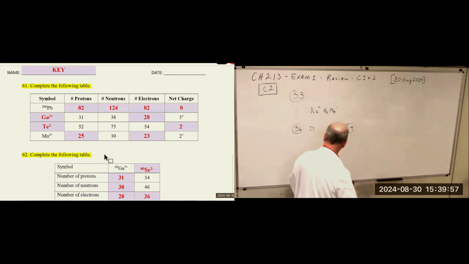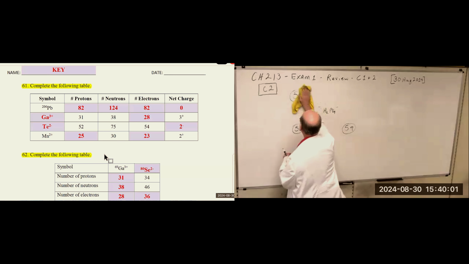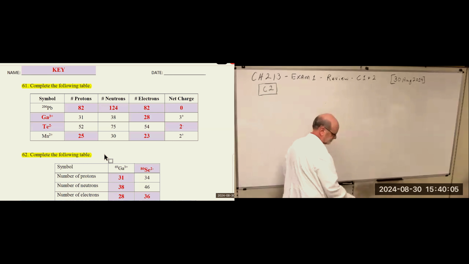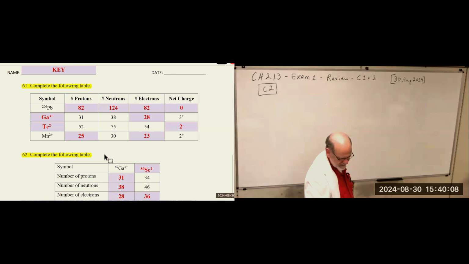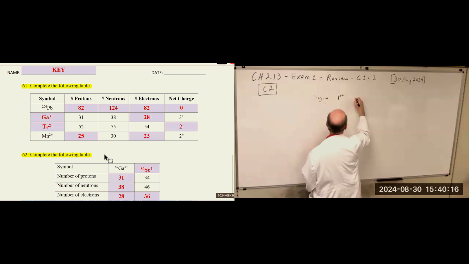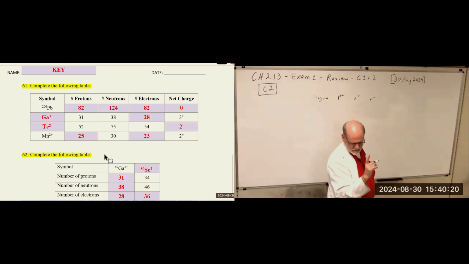Ooh, fill in the table. So some of these are given to us. Symbol, protons, neutrons, electrons, and charge.